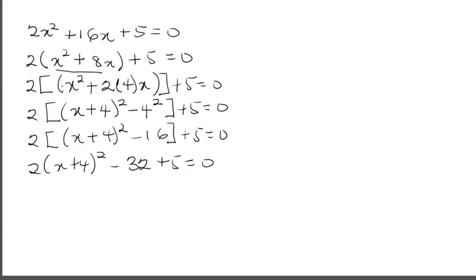Moving forward, we'll have 2, and then (x + 4) all squared minus 27 is equal to 0.